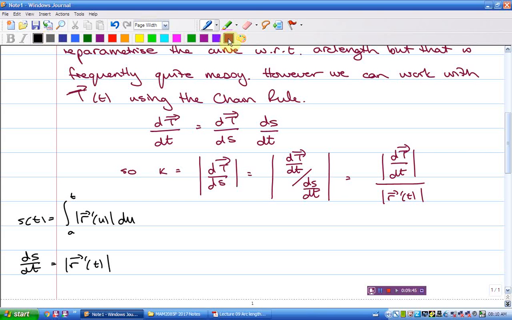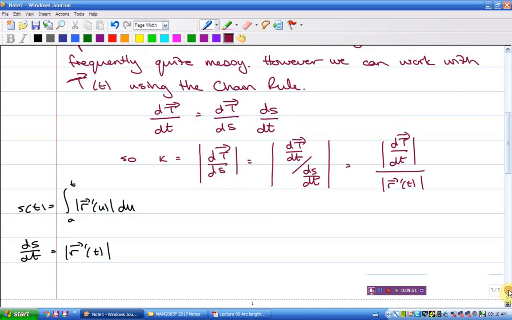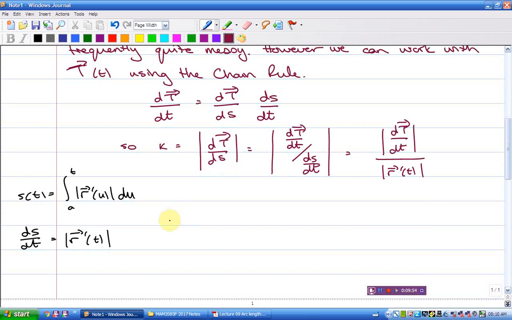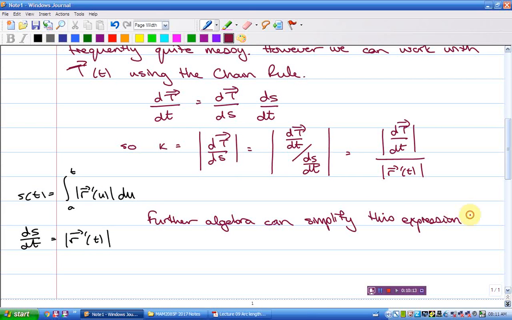Okay, so if we put in another few lines of manipulating the algebra, which I'm not going to do, further algebra can simplify this expression to, make sure I get it right now.